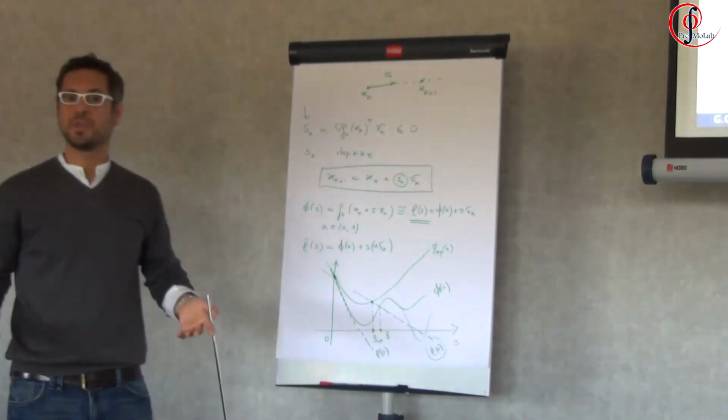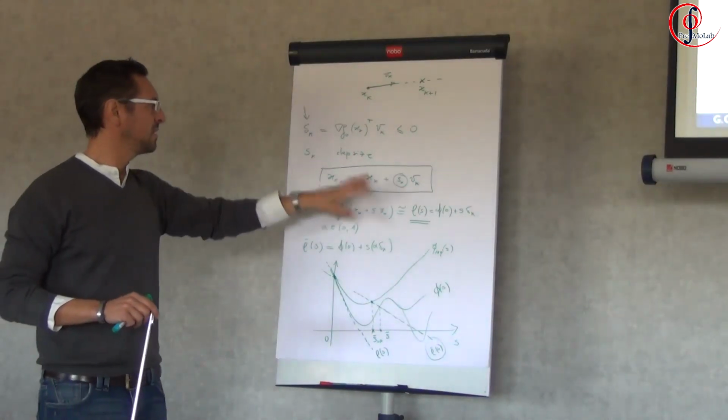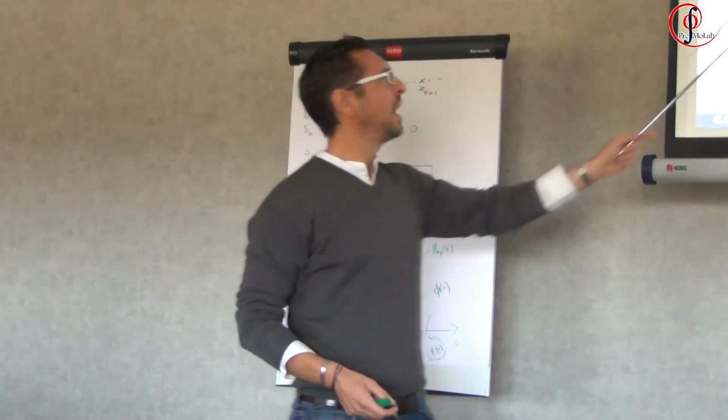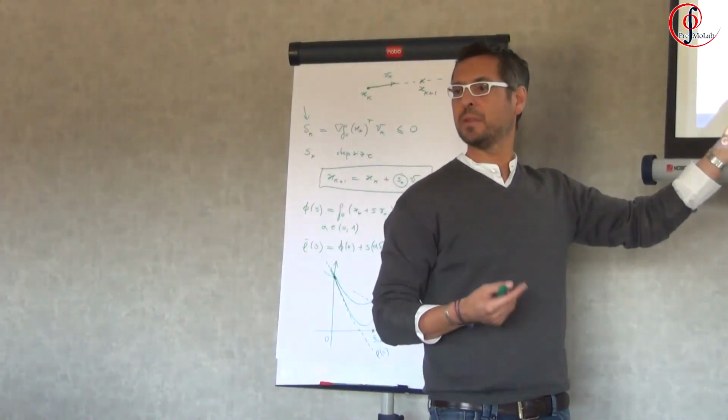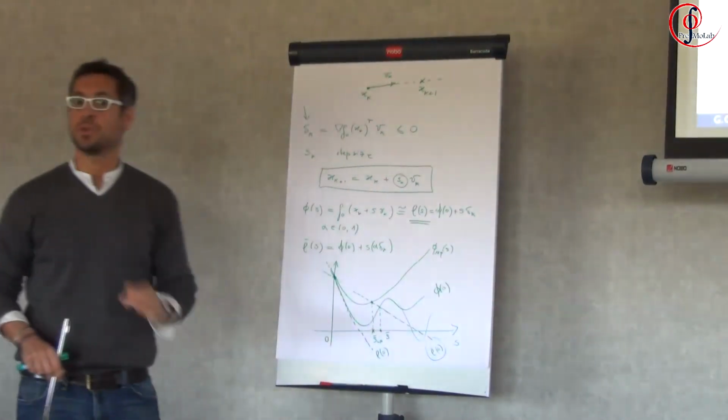So one possibility is, well, just forget about this line search, backtracking, and take always at each step a constant step size given by S up bar, and this satisfies the Armijo condition.